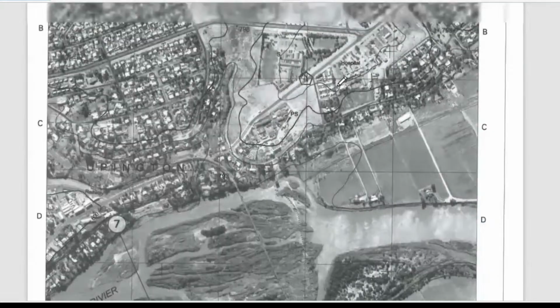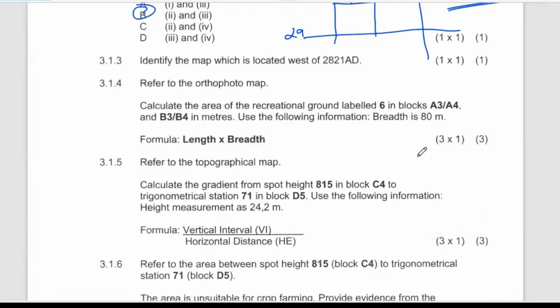We go back to our question paper. We are now saying your formula is length times breadth. So you get your length in centimeters, your measurement, you multiply by the map scale, which is 10,000. If you want to multiply this directly to meters, you multiply this by 100 meters. So if you check your measurement, you multiply it by 100 meters.